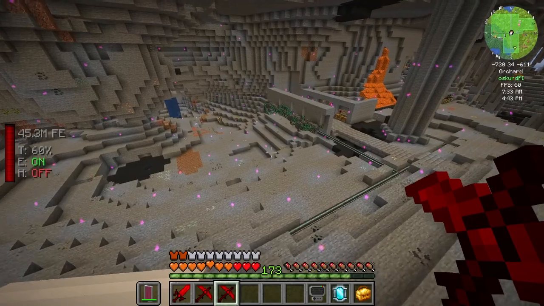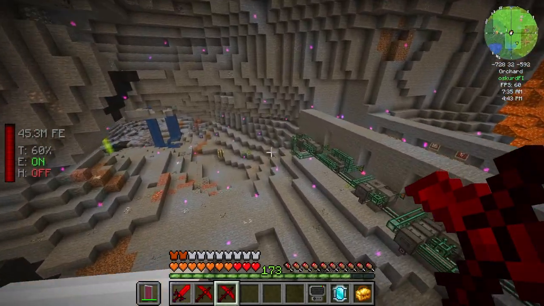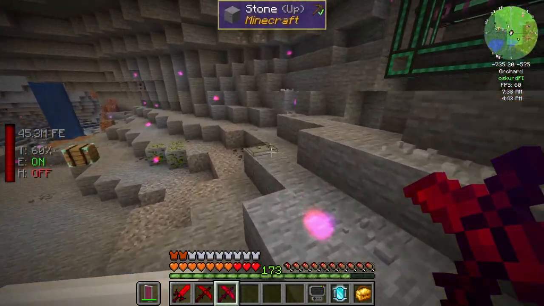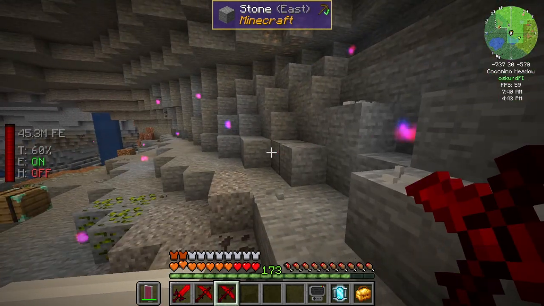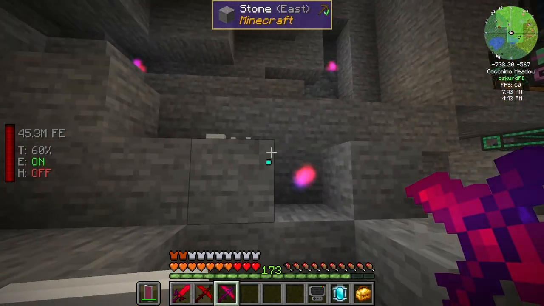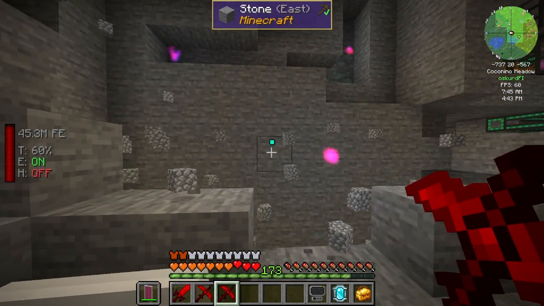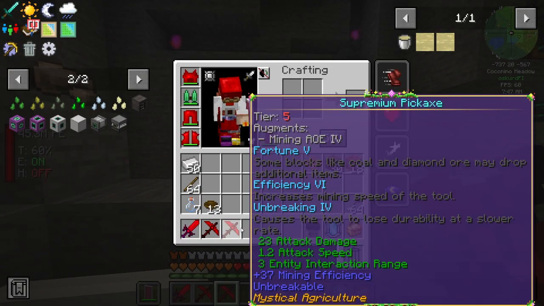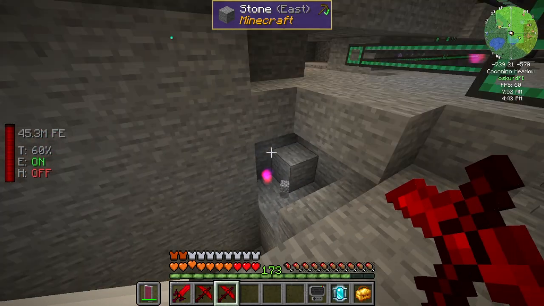mine this area open a little bit. Because it would be very nice to have exactly somewhere here. Wait, what? Oops.